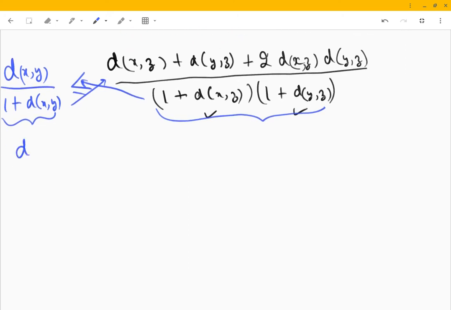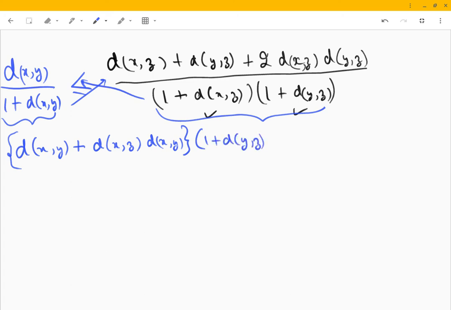It is going to be lengthy. d(x,y) plus d(x,z) d(x,y), and then I have 1 plus d(y,z), which is less than or equal to, and now I'll multiply this: d(x,z) plus d(y,z) plus 2 times d(x,z) d(y,z).